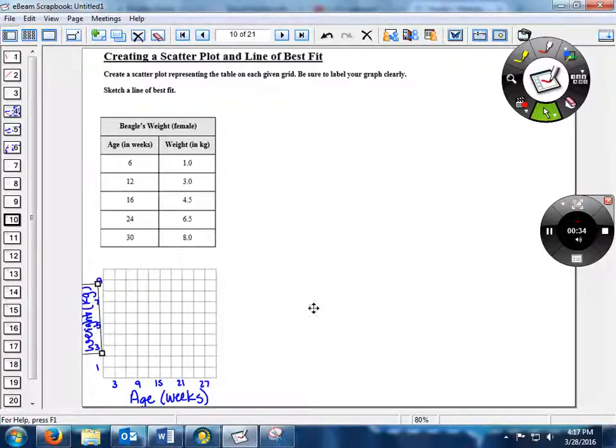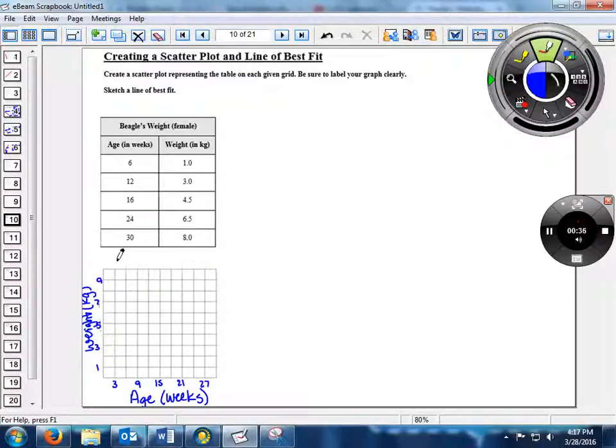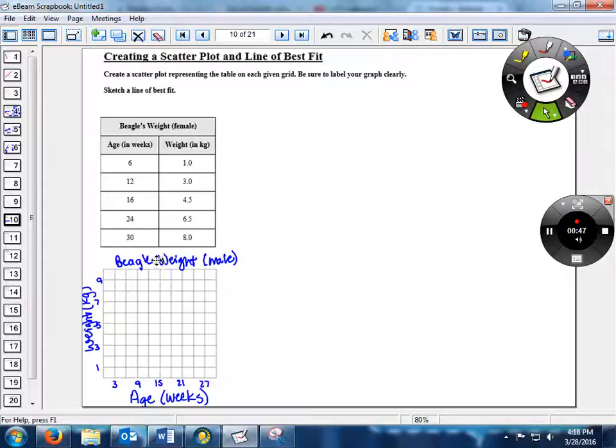There we go. So you need to make sure you label that, as well as write me a title. In this one, it would be Beagle's weight, and this is for males. You're going to do another one in a moment that is for females.